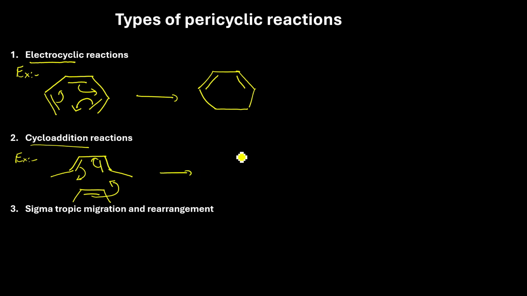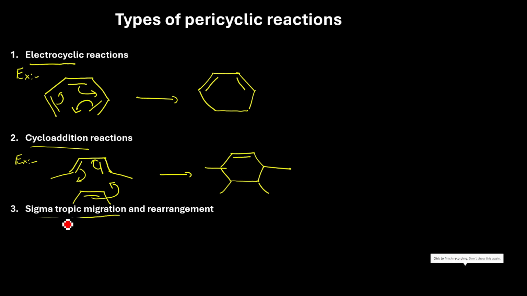So we can have the final structure as it's like this, right? So this is a cycloaddition reaction. It's a cycle formation, it's an addition reaction. This segment over here is getting added into our existing segment. So that's the basic concept in the cycloaddition reaction.